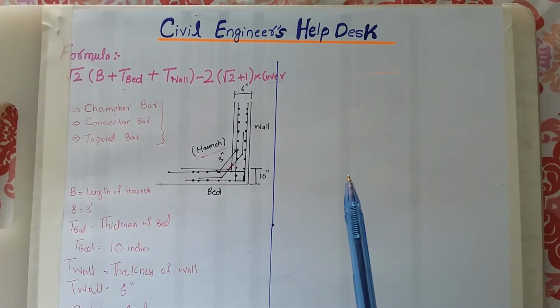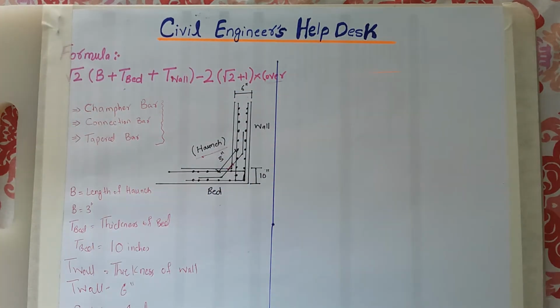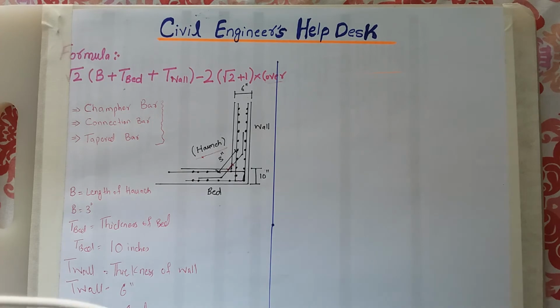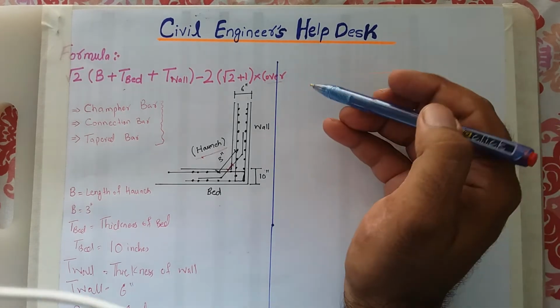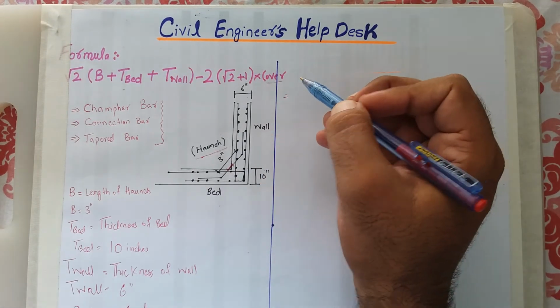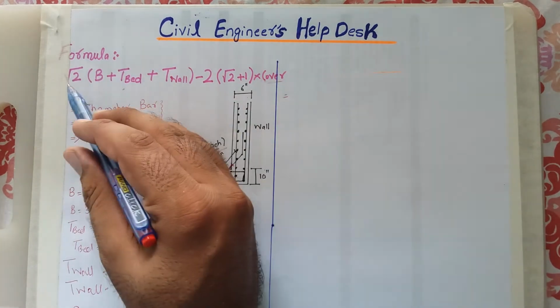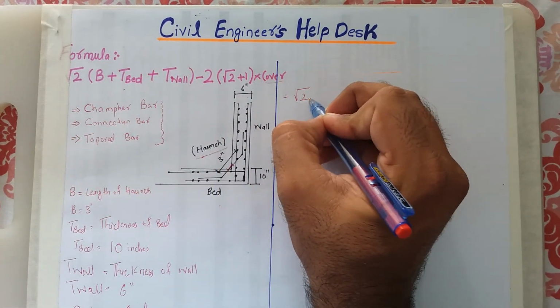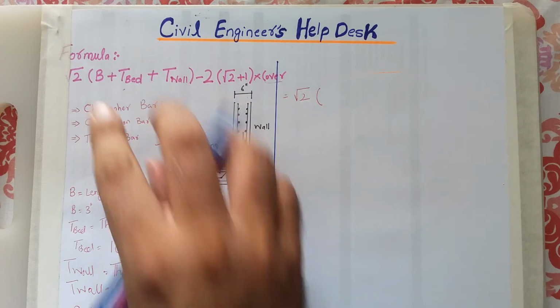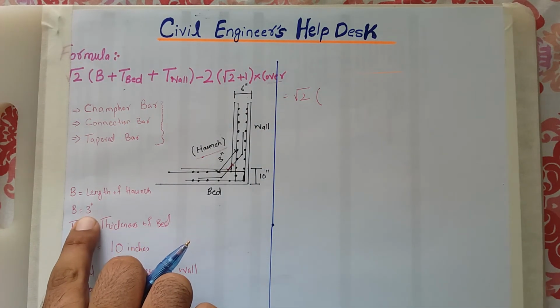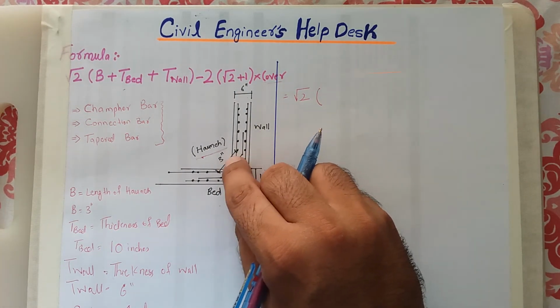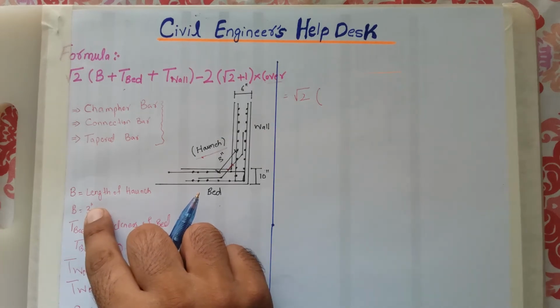Now we will put these values in this formula and directly calculate the length of our haunch bar. So viewers, come to the formula. First of all, we will put in values. This is under root 2, which will remain the same. This is b, the length of haunch, which is given in the diagram as 3 inches.